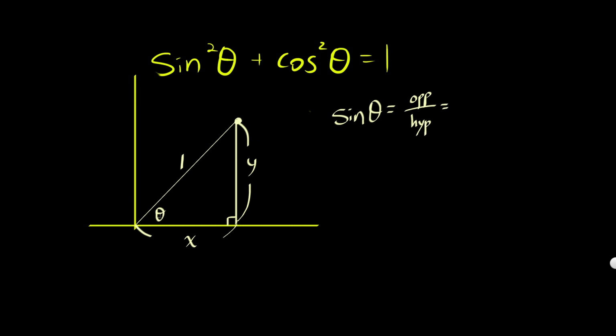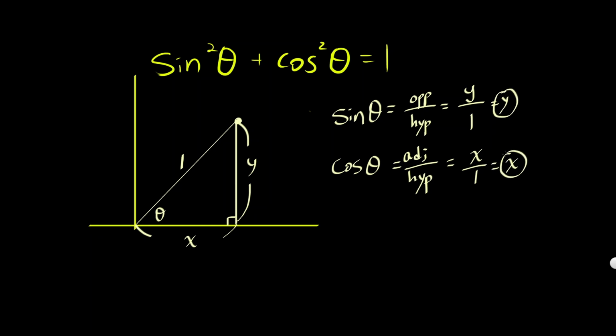So the opposite, if that's the angle right there, is y, over the hypotenuse, which is 1, because we set 1 as the hypotenuse. And then cosine of that angle must be the adjacent side over the hypotenuse, which is x over 1. Well, y over 1 is just y, and x over 1 is just x.